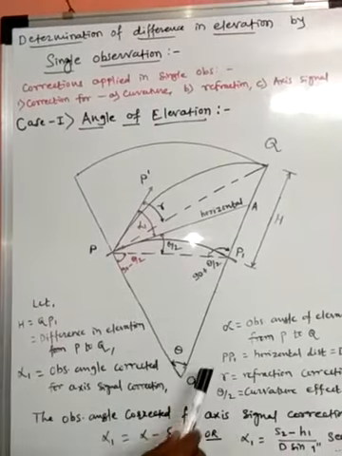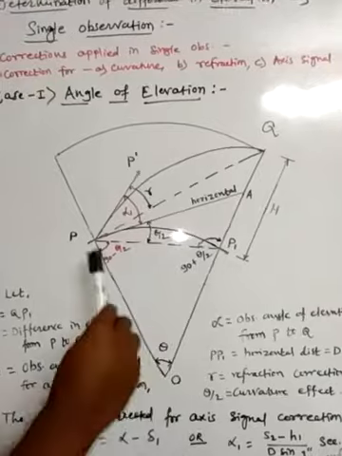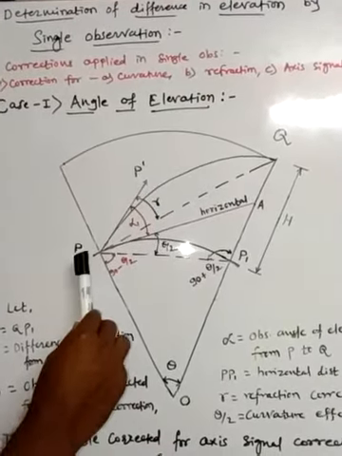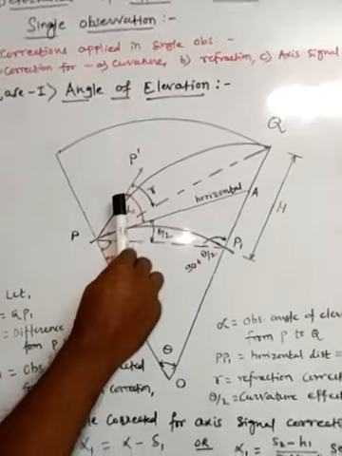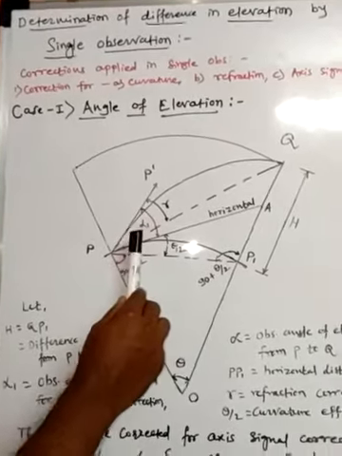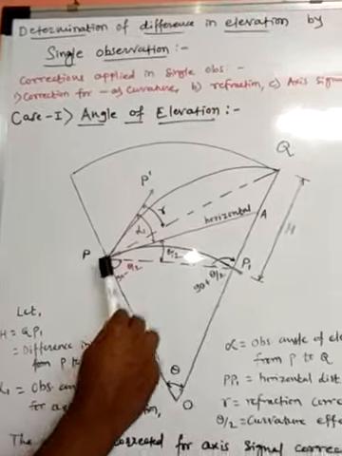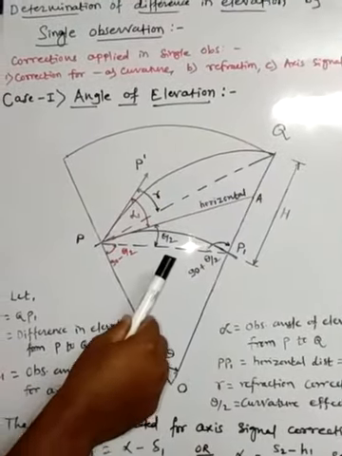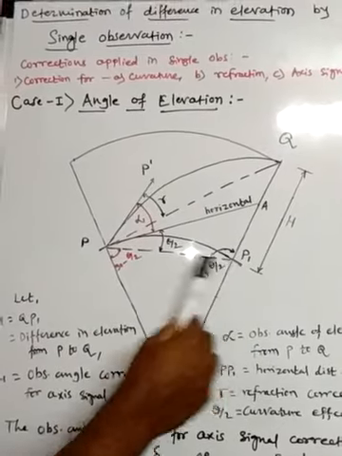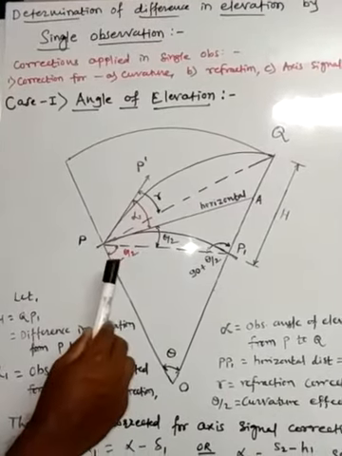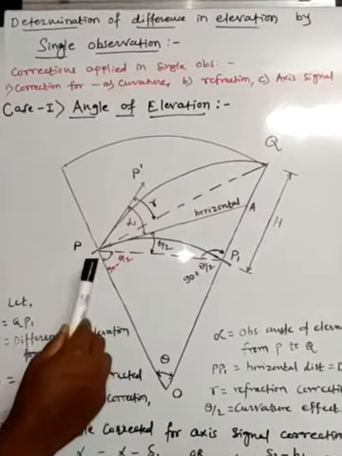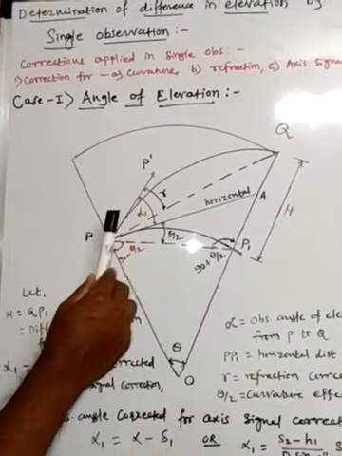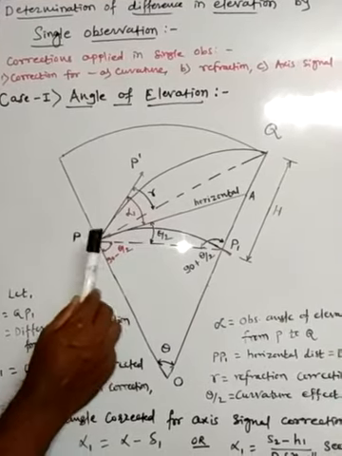Let's see this diagram. It has the stations P and Q. At P, alpha is the observed angle of elevation from P to Q, where Q is the top of the object. P1 is the horizontal distance between those two points. R relates to the refraction correction, and half of theta is the curvature effect.